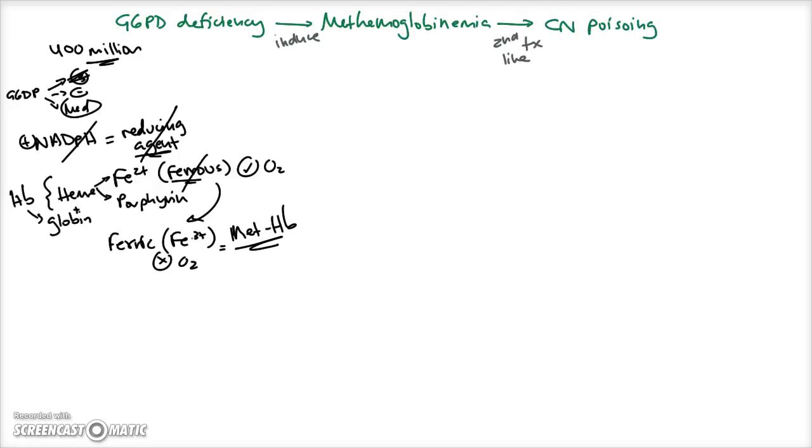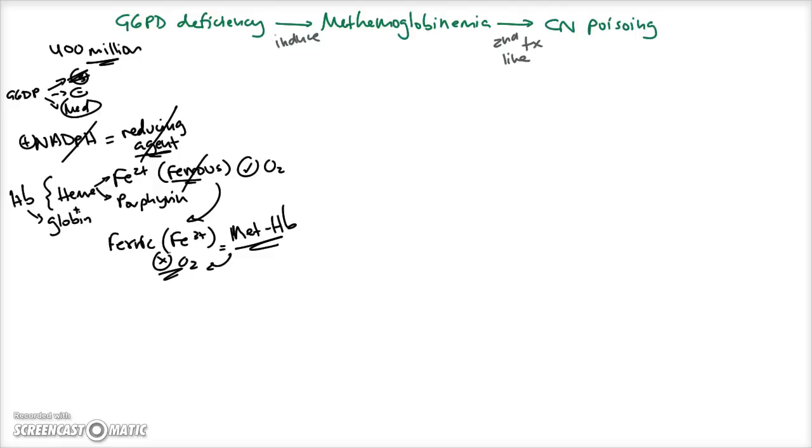Now, what's the problem with methemoglobin? Methemoglobin compared to hemoglobin cannot bind oxygen. In fact, in a state in which methemoglobin is around, the hemoglobin that is already present becomes much more strongly bound to oxygen. It becomes less willing to even give up the oxygen.